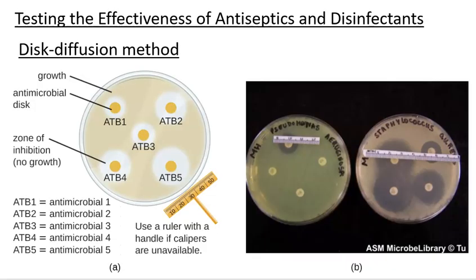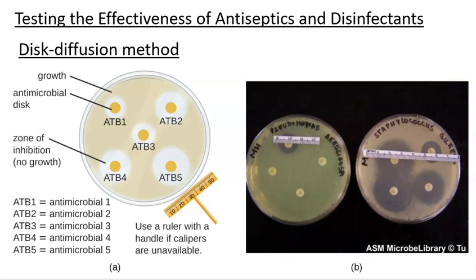One of the more widely used methods that's out there is the disc diffusion method, and this is where you will take your chemical and soak it into a disc and then place that disc onto your lawn of freshly smeared cells on an agar plate, and then that chemical diffuses out from the disc, and as it diffuses out, you're going to see a lower and lower concentration of your chemical, but you come back the next day and you measure the size of the zone of inhibition around there.